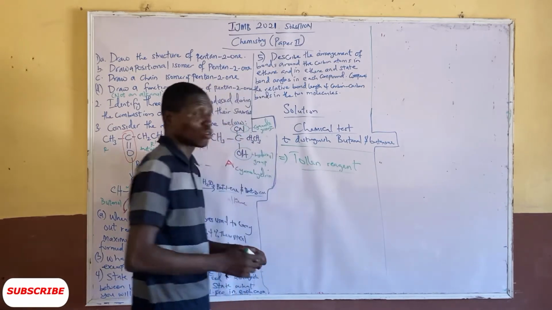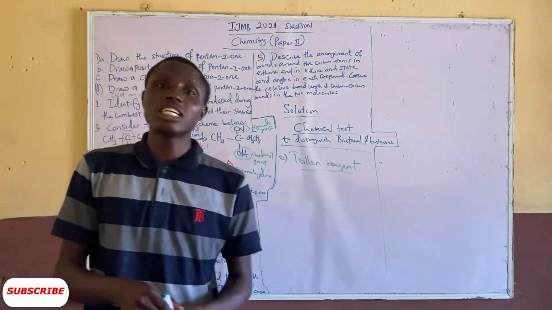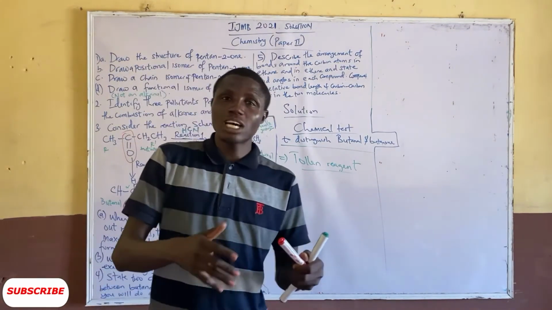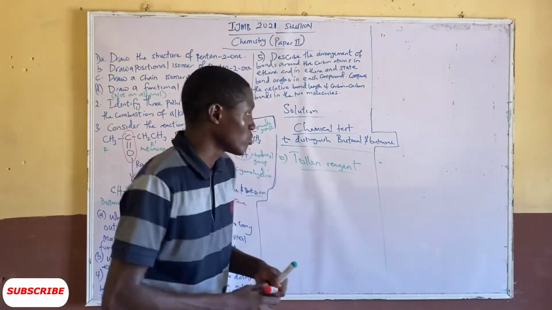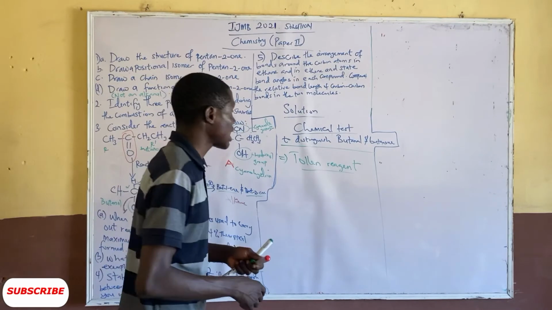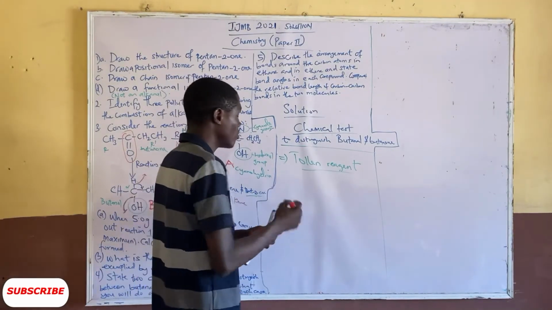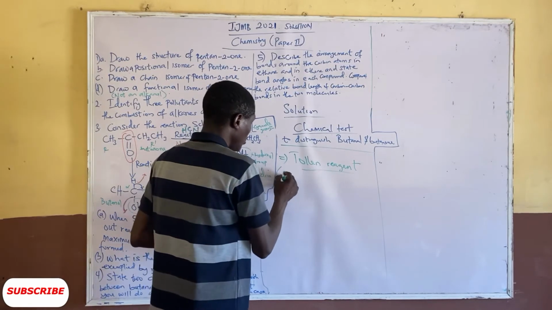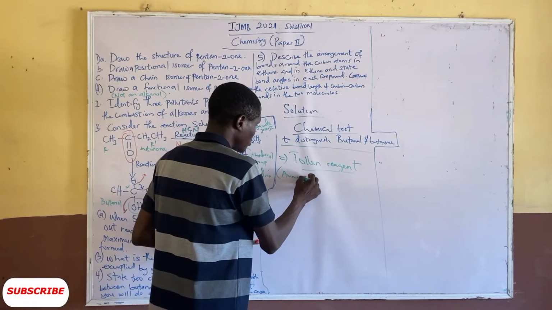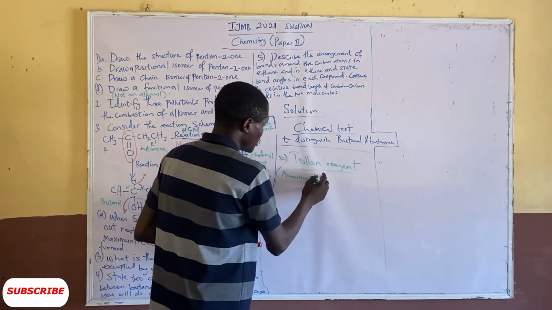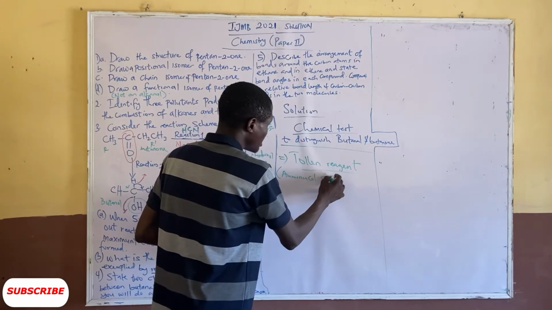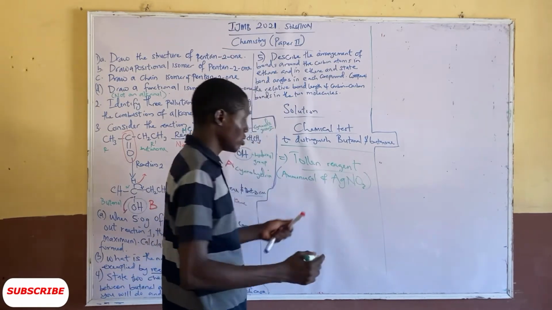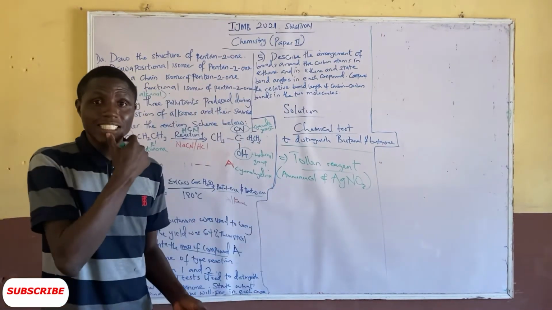We are talking about Tollens reagent. Tollens reagent is also known as the ammoniacal silver nitrate. Let me just write that to avoid any confusion. Ammoniacal silver nitrate. What does that mean?